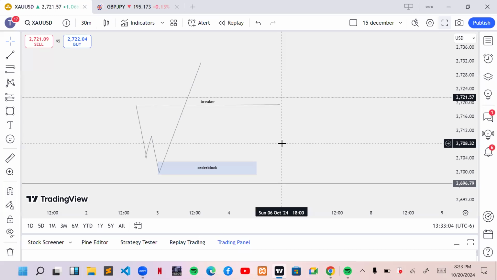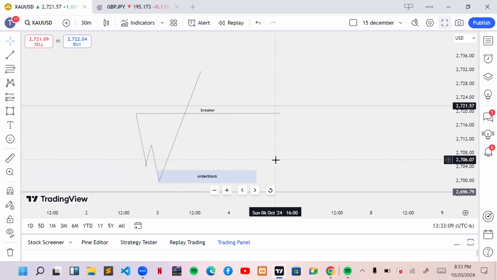Now, knowing when to use a breaker block or when to use an other block: use a breaker block when the first pullback that market makes did not mitigate that breaker block. I don't know if you understand what I mean.